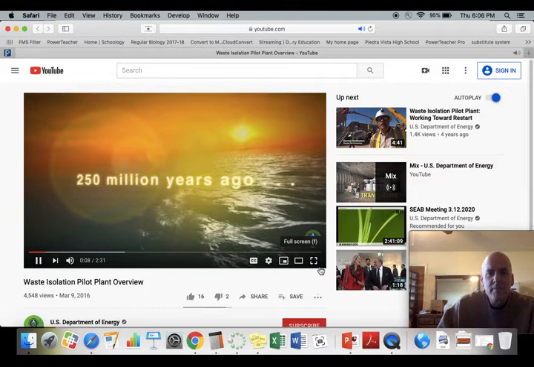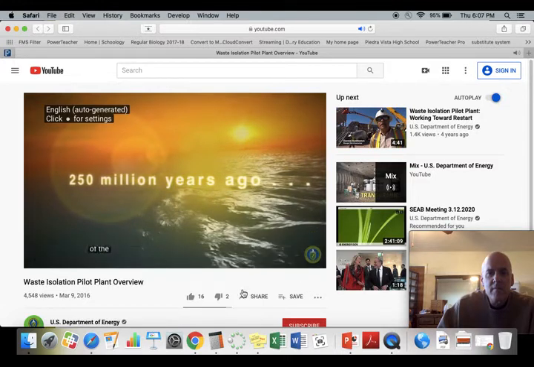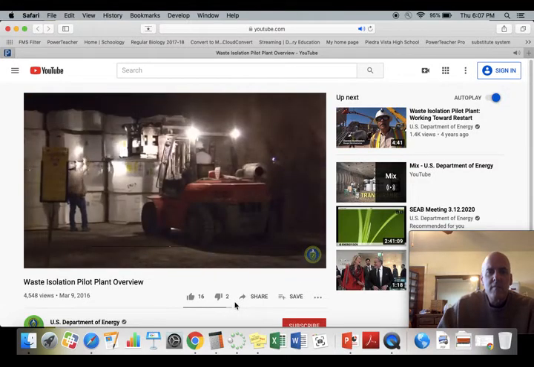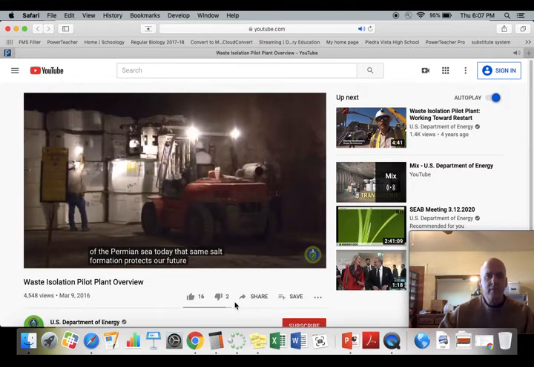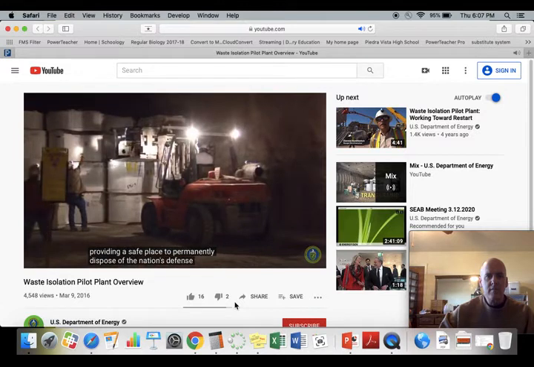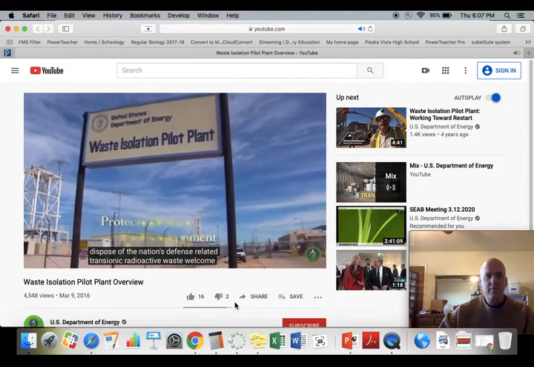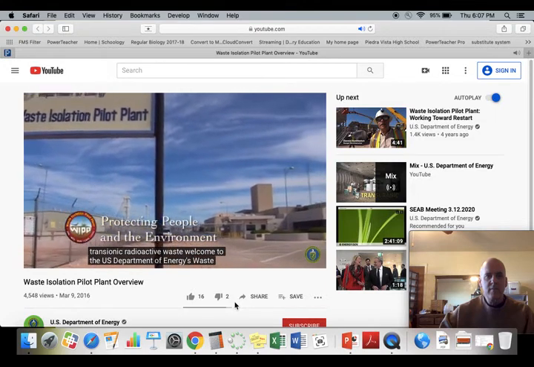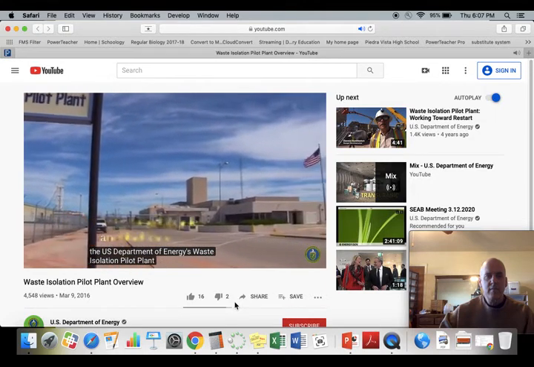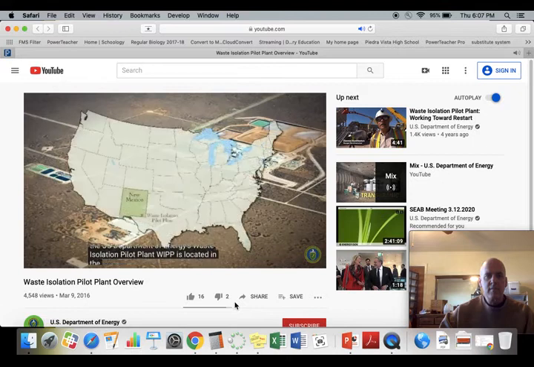A bedded salt formation resulted from the evaporation of the Permian Sea. Today, that same salt formation protects our future by providing a safe place to permanently dispose of the nation's defense-related transuranic radioactive waste. Welcome to the U.S. Department of Energy's Waste Isolation Pilot Plant. WIPP is located in the desert in southeast New Mexico, far from major population centers.